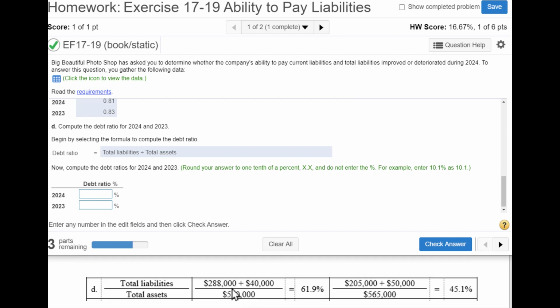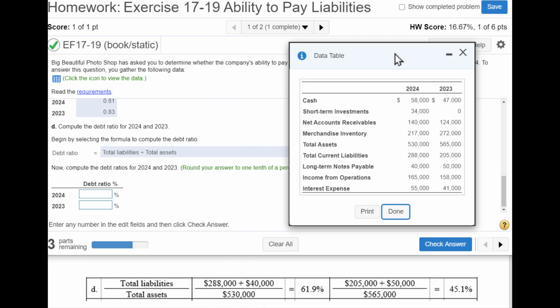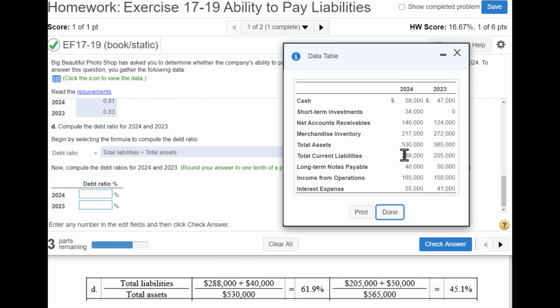So to do that, here's our calculation down here. Total liabilities is the current liabilities, 288 plus 40 for long-term notes payable. So that gives us this on top divided by total assets of 530,000.